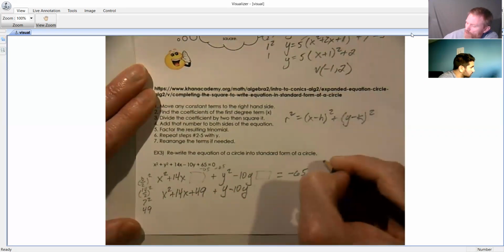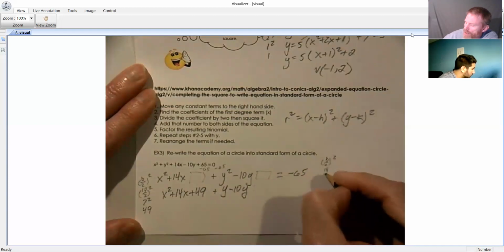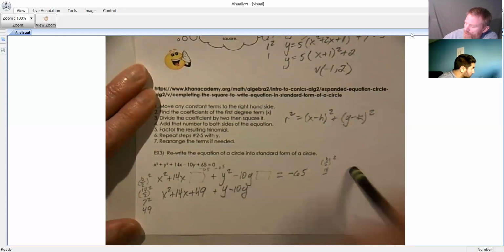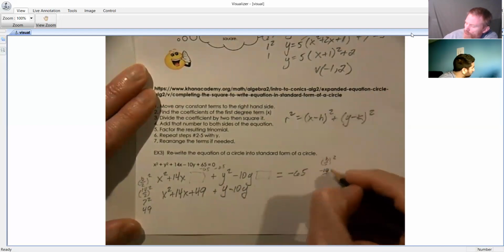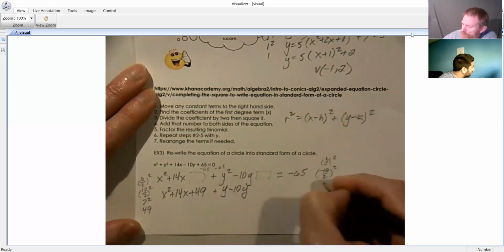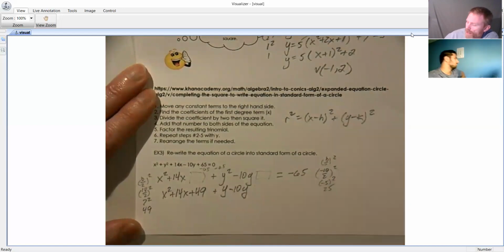So we're going to take our b divided by 2 and square it. Oh, actually, be careful. Be sure you pull the right one. Negative 10 divided by 2 and square it, which is negative 5 squared, which is 25. So we're adding our 25 here.